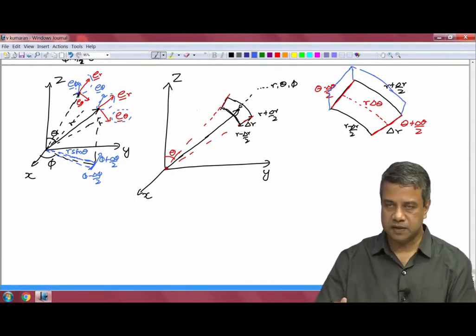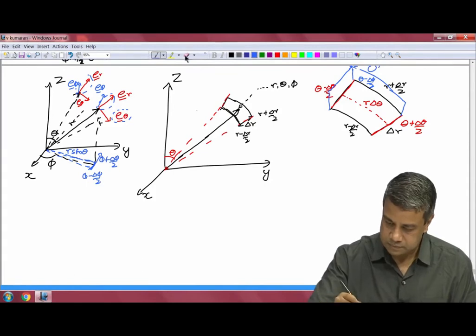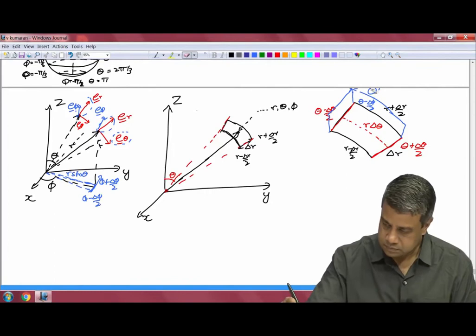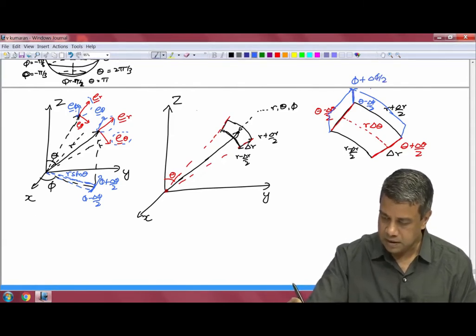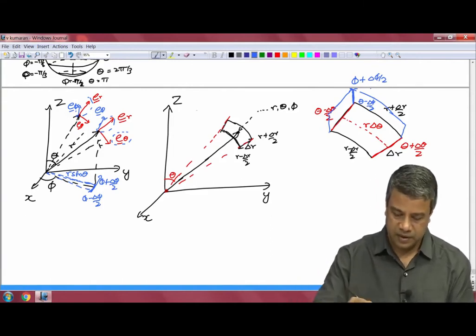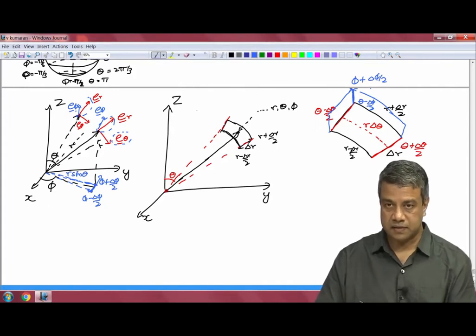The distance moved in the phi direction, when you increase the angle phi from phi minus delta phi by 2 to phi plus delta phi by 2. The angle moved is delta phi.